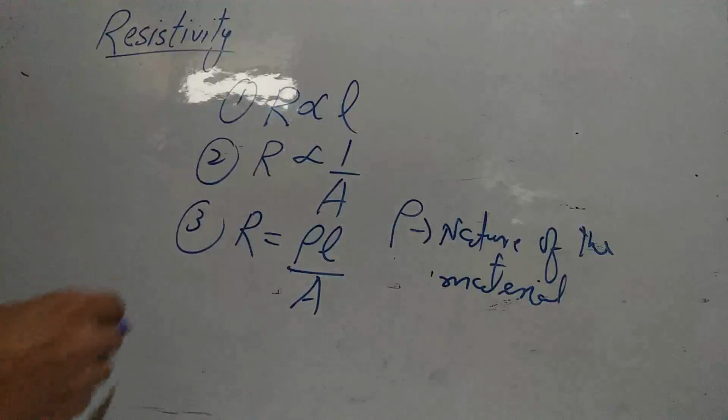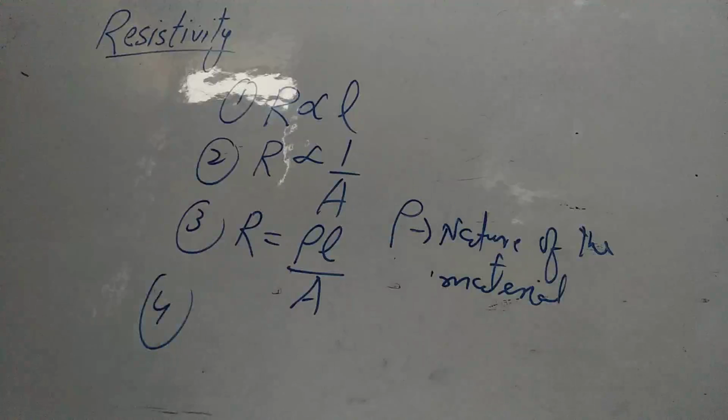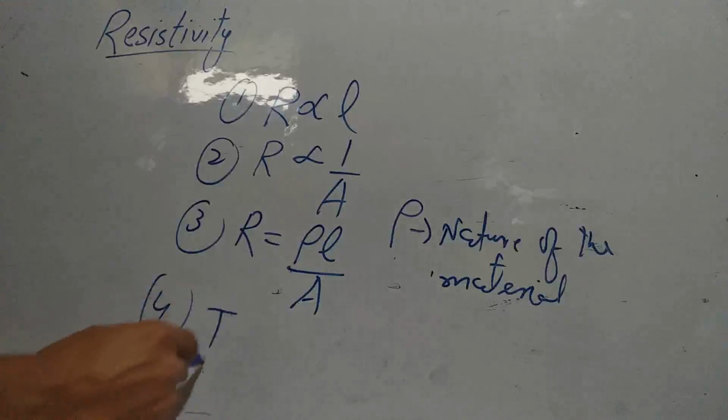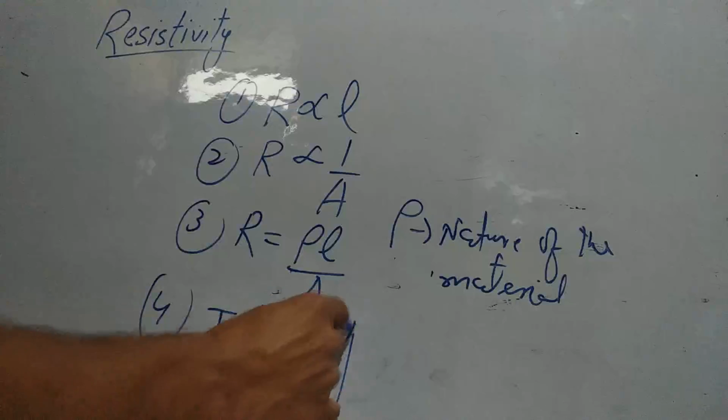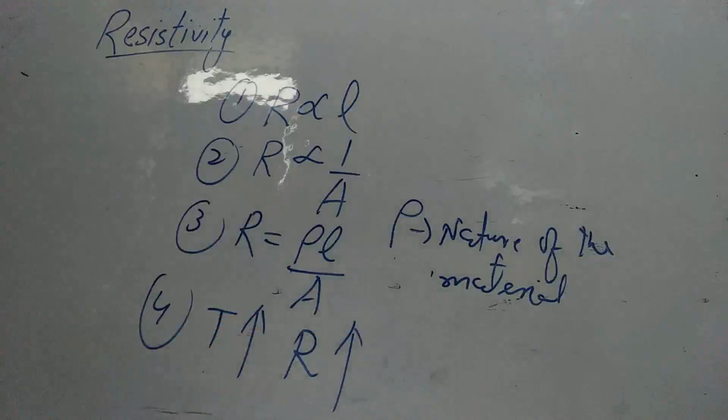And the fourth factor we talked about was temperature. In the general case, as the temperature increases, the resistance increases. It has been found that the resistance of all pure metals increases with rising temperature.